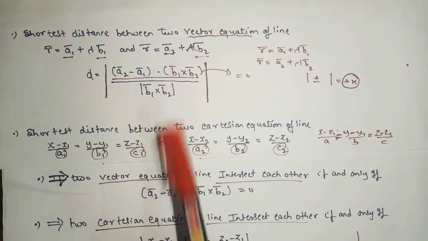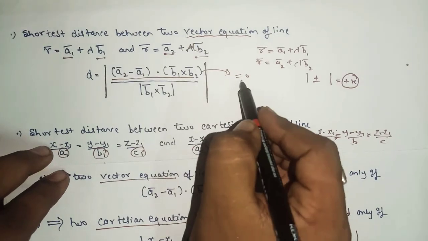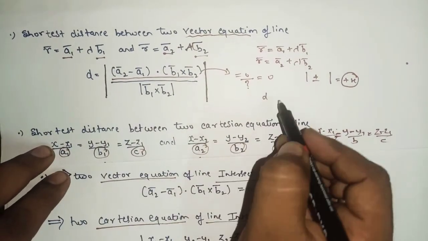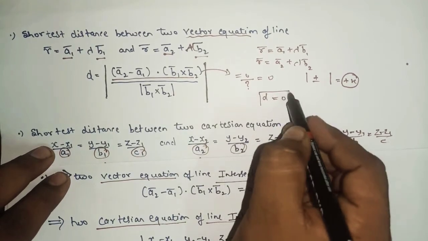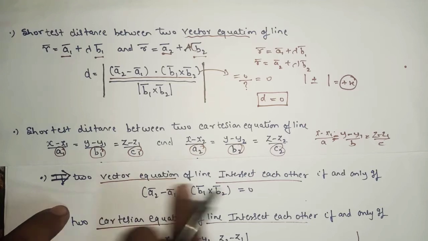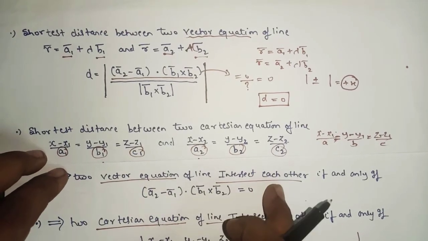If the numerator part is 0, then 0 upon any term will be 0. So if the final distance turns out to be 0, then we can say that the two lines are intersecting each other.